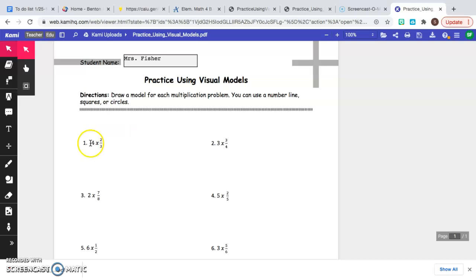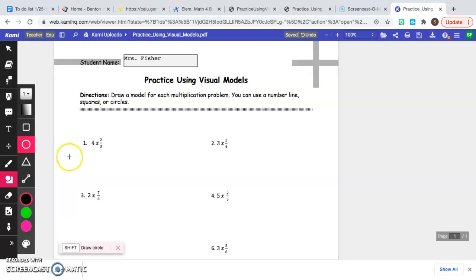All right, so let's look at number 1. Remember, that whole number, you're multiplying it by only the numerator, the top number. So it would be 2. Okay, so what we're going to do, I'm going to draw. If I'm going to draw 1, 2, 3, because there's 3 circles.